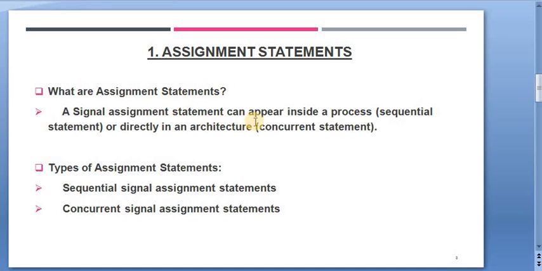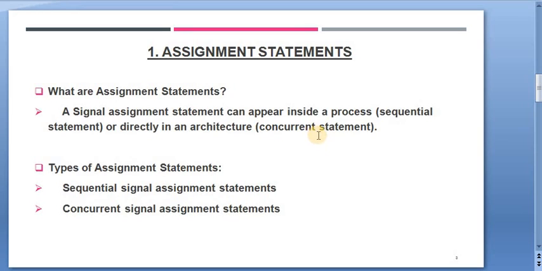It means that the signal assignment statements can also appear within or outside the body of a process statement. So we can say that a signal assignment statement can appear inside a process, that is sequential statement, or directly in an architecture, that is concurrent statement.